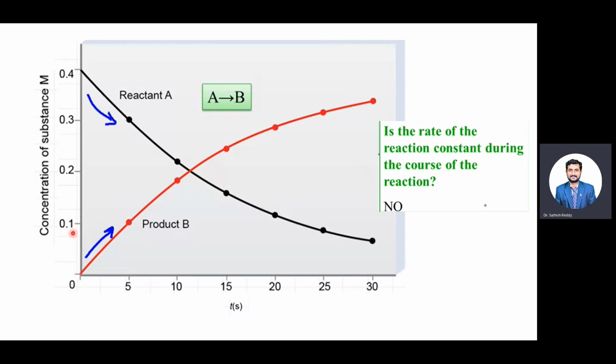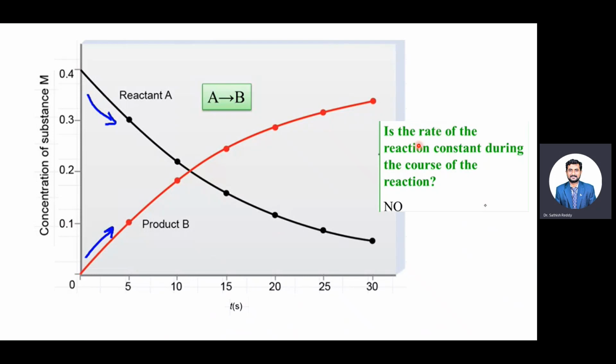On the y-axis 0, 0.1, 0.2, 0.3, 0.4. The reactant A decreases with respect to time. You can observe this black one. At 5 seconds the concentration decreases, at 10 seconds it decreases like that. And also you can see the product concentration increases with respect to time.